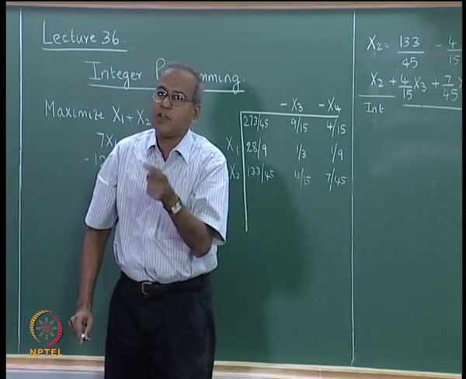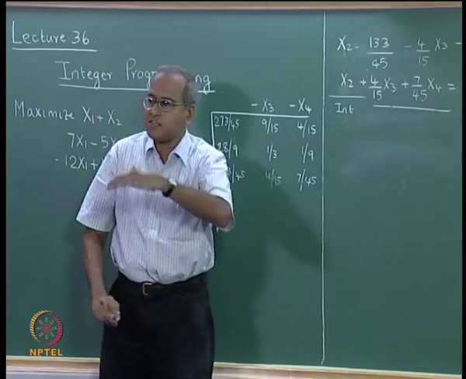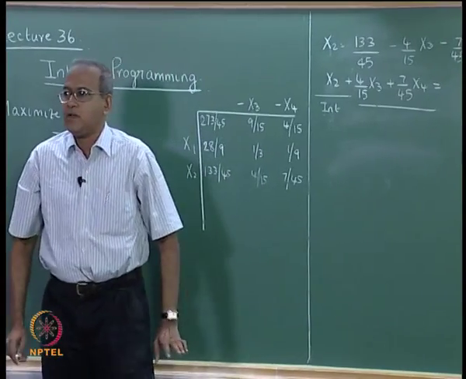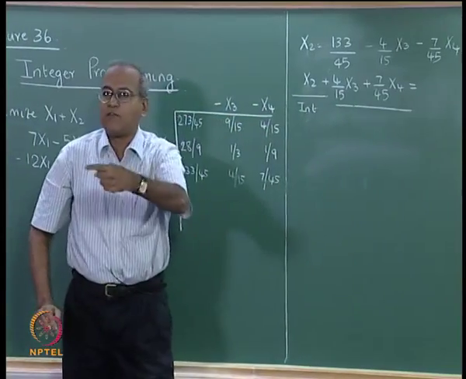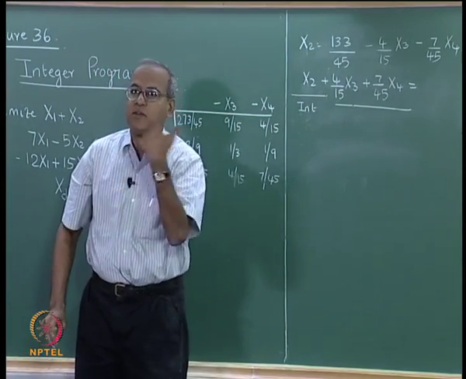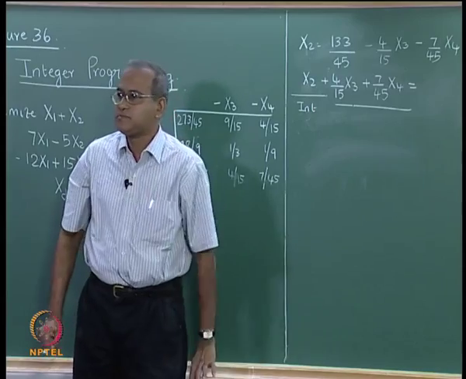That is the reason we wrote this as a positive fraction less than 1. So this can be either 43 by 45 or 1 and 43 by 45 or 2 and 43 by 45 and so on.